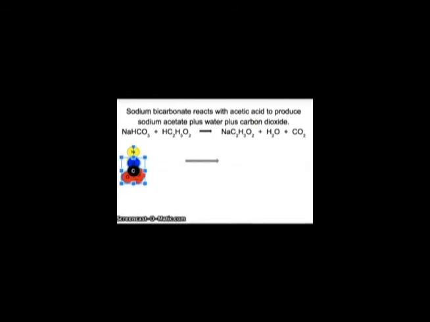And then to make our acetic acid, we have to have the proton or the hydrogen atom to start with. And then we'll bring out our acetate ion, which is the C2H3O2. And we'll put that on with the hydrogen there. So now we have acetic acid and sodium bicarbonate.